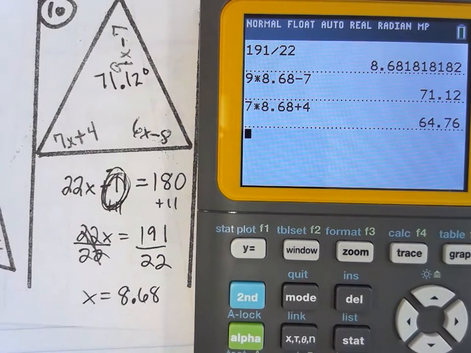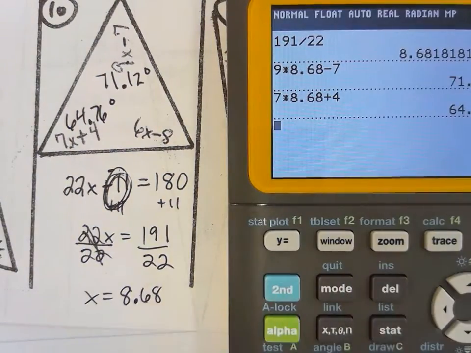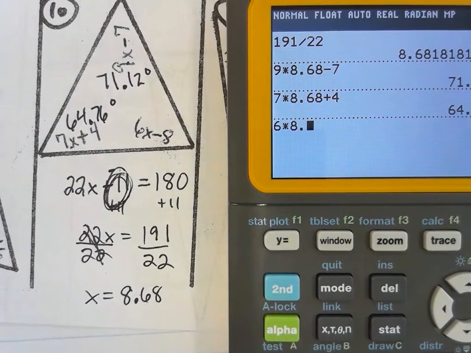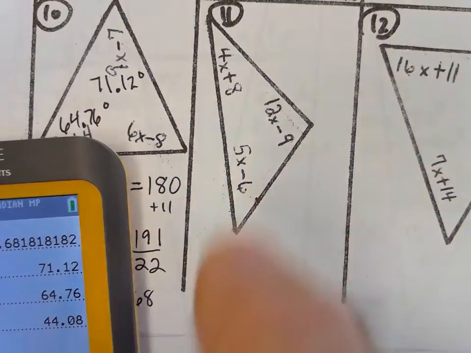That is 64.76 degrees. Alright, now I'm going to do that one. 6 times 8.68 minus 8 is 44.08 degrees.